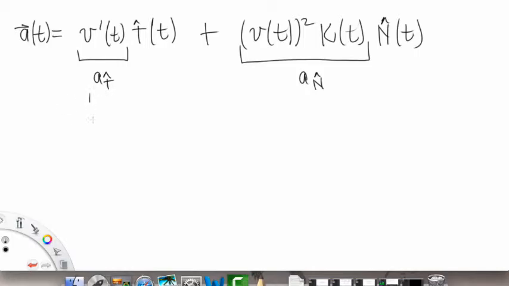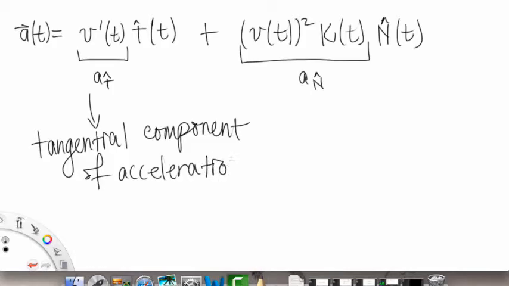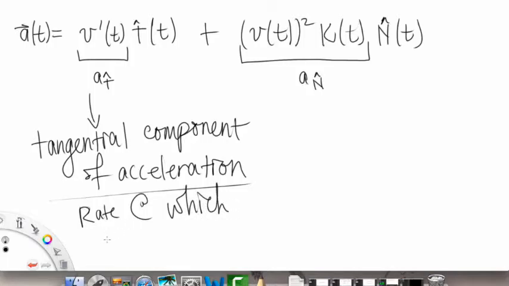So a sub T hat, this is the tangential component of acceleration. And I'll just tell you that it describes the rate at which the speed changes, okay?